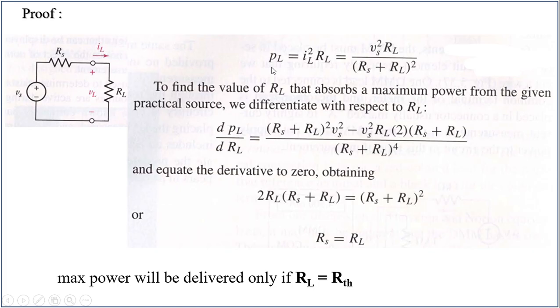In order to get the first maxima, we differentiate this equation with respect to RL and equate it to 0. Then we get the condition for maximum power. By doing so, we got the condition as RS is equal to RL. That is, if load resistance is made equal to Thevenin's equivalent resistance, then the power delivered will be maximum.